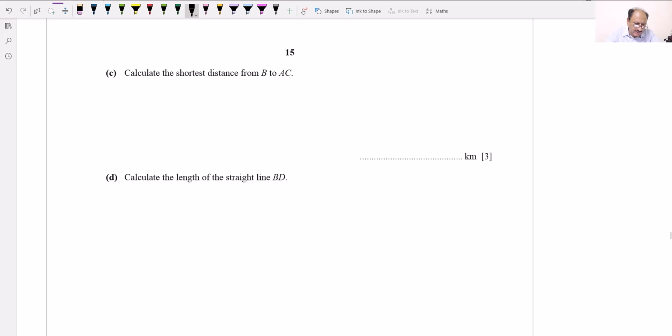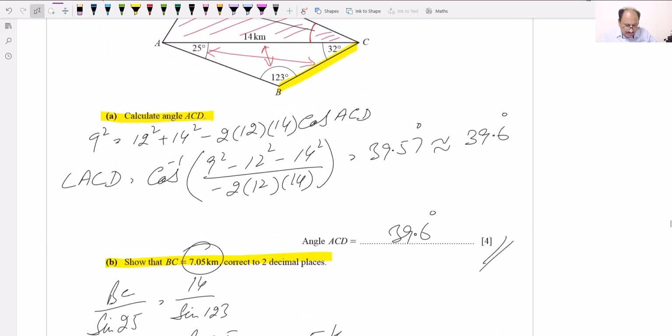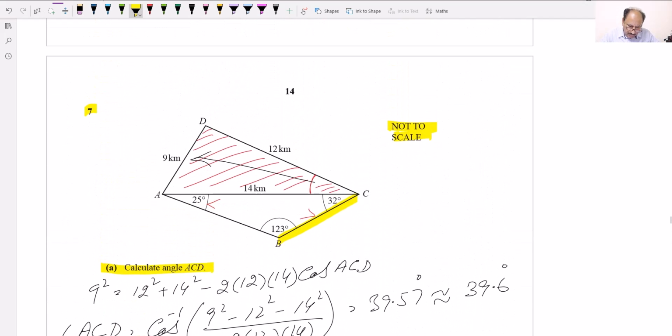Now for part C, which says calculate the shortest distance from B to AC. The shortest distance from B to AC will be the straight line perpendicular to it. If I draw this, this is 90 degrees, the shortest distance we can take.